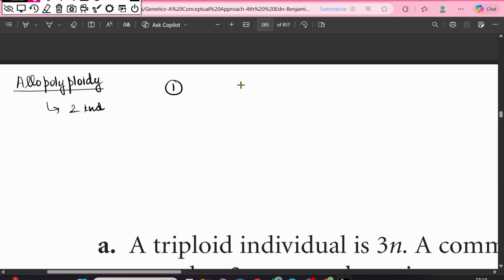Let's say this is individual 1 and this is individual 2. This is producing a gamete, this is also producing a gamete, and the two of them are fusing, or they are made to fuse artificially. This belongs to species 1 and this belongs to species 2. That time allopolyploidy can occur.